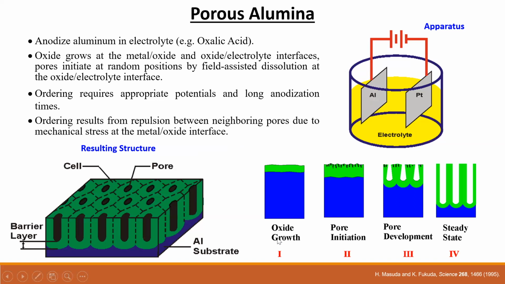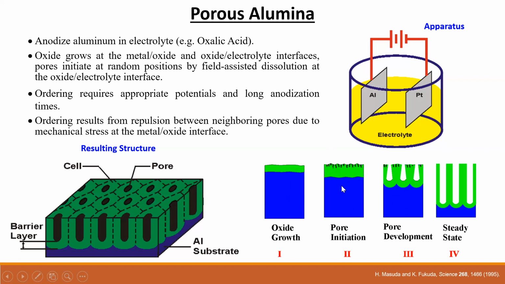So you can see this will create the oxidation of the aluminium first, and then the pore initiation will start. And after this pore initiation, we'll use the second step, which will be used for pore development. So the pore development will be the second anodization step. This is the first anodization step.